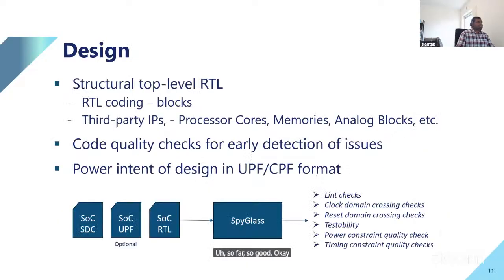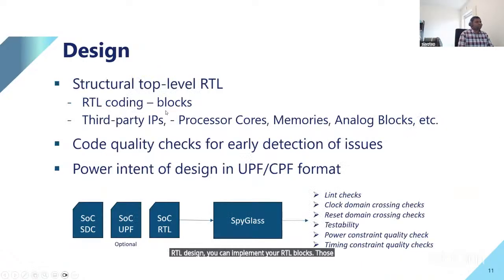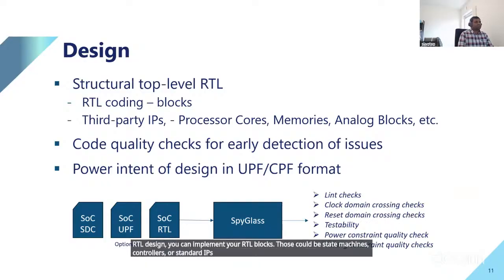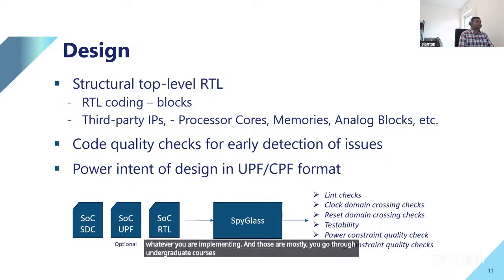Okay. So design, this is again a more cliche slide. Of course, you can implement your RTL blocks. Those could be state machines, controllers, or standard IPs like I2A, I2C, I2S. Whatever design you want to implement, mostly you go through this in undergraduate courses, where you do actual RTL implementation.